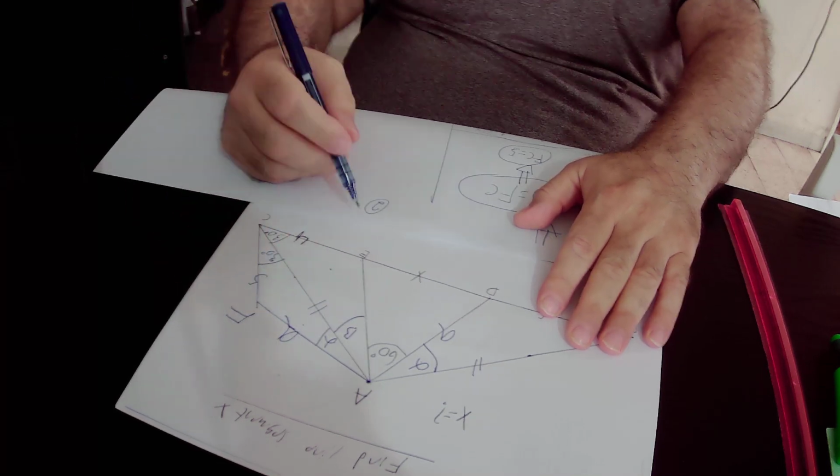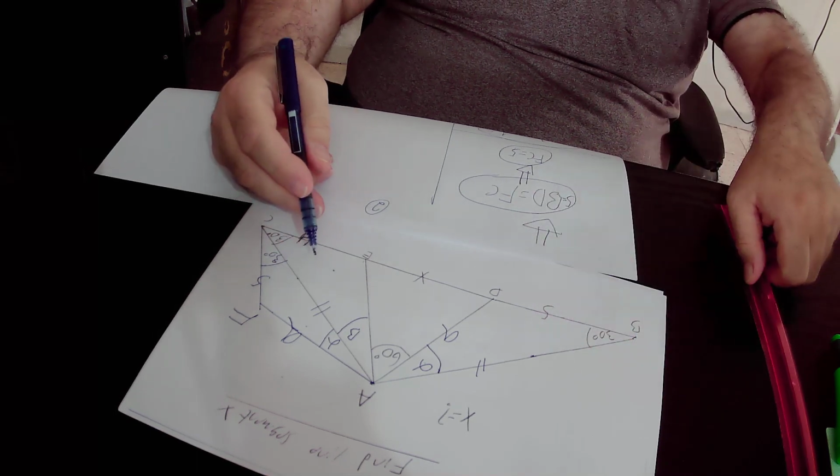In the next step, we'll join points E and F together by a straight line.